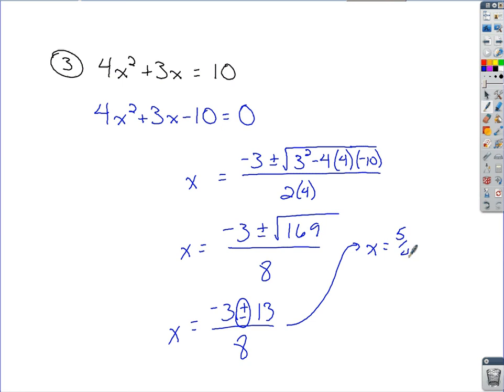Reduce that to 5/4. And then negative 3 minus 13 is negative 16 all over 8. That'd be negative 2. So you could have factored it, but either way, we've got our answers.